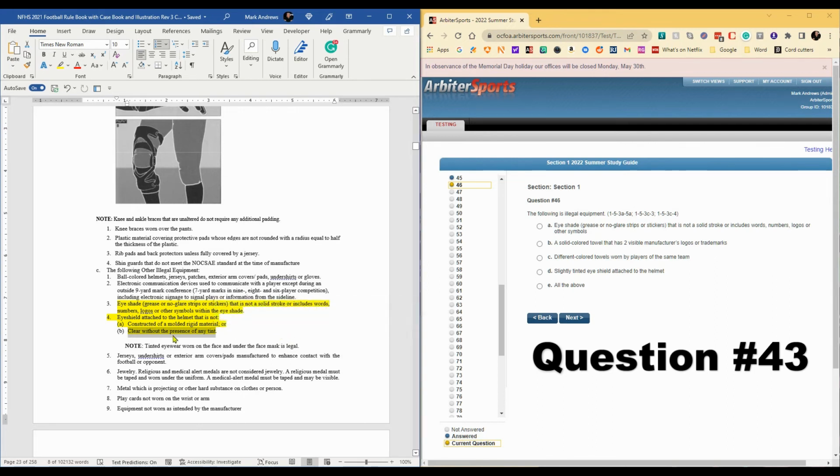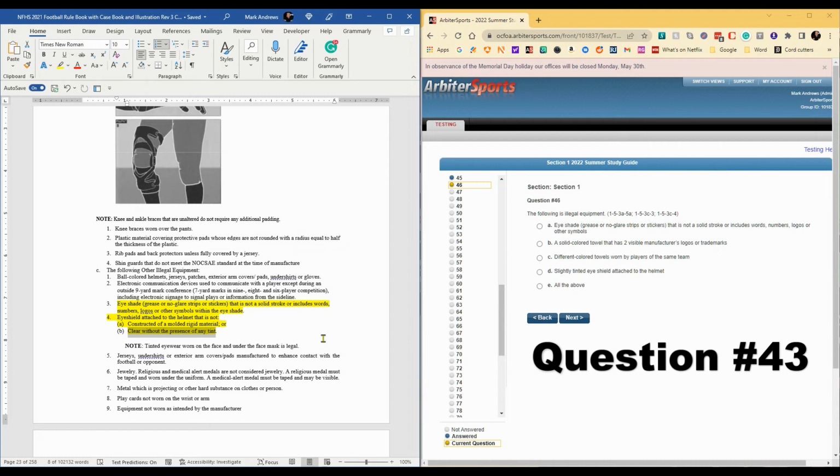This one's getting tougher every year because they're starting to put stuff on the clear shields that has a rainbow type of effect when the light hits it. My suggestion is that in that case, if you can see the player's eyes clearly, and that's the reason we don't want it tinted, I would probably let it go.